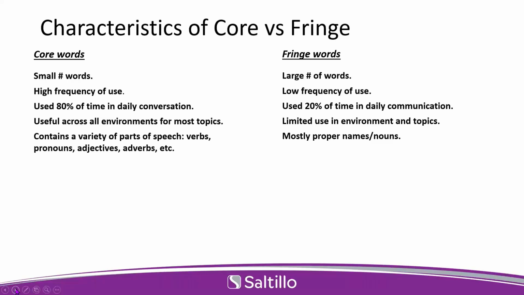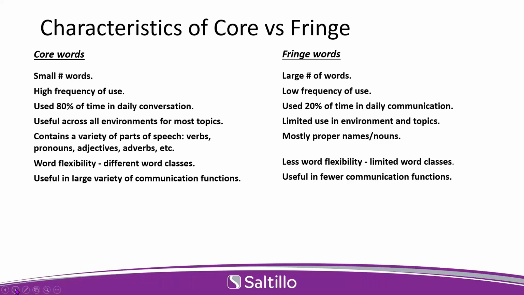Core contains a variety of parts of speech. We've got verbs, adjectives, prepositions, adverbs, pronouns. Fringe, mostly proper names and nouns. Core has word flexibility in different word classes, and with fringe, you're going to have less flexibility. Core is useful in a large variety of communication functions and less so with fringe words.